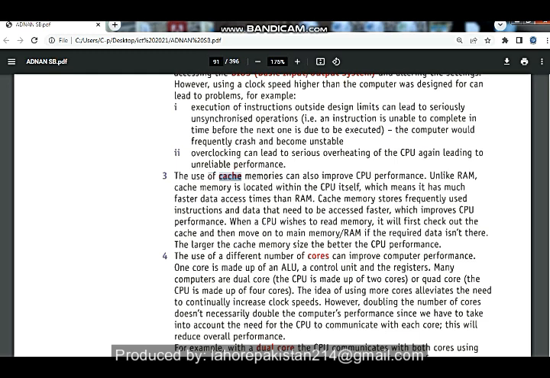So the more cache memory you use, the more the performance of your computer will increase. In your book, there is no risk mentioned related to it, and I think there is no obvious risk associated with it, because more memory means more good to your computer. I don't think there is any harm in it. So the third point has no risk associated with it.